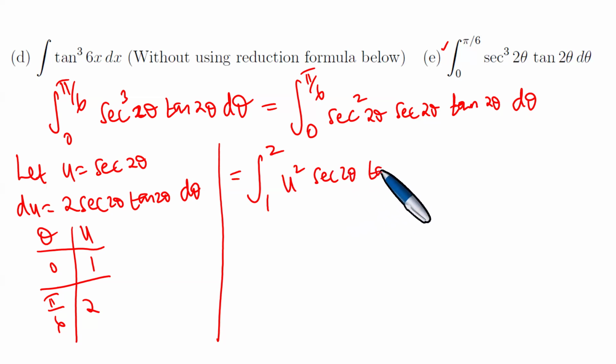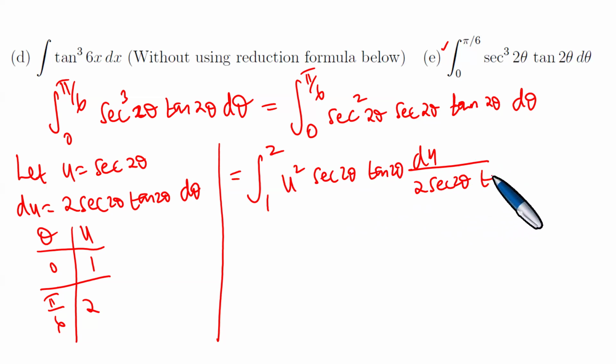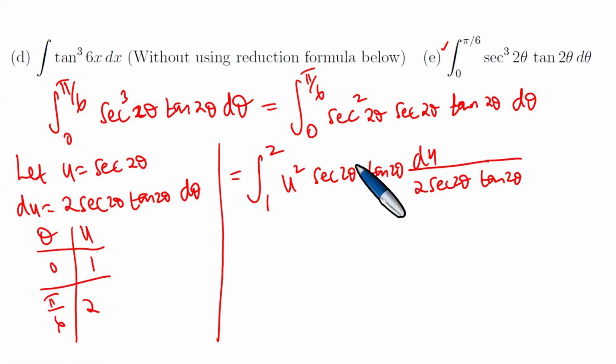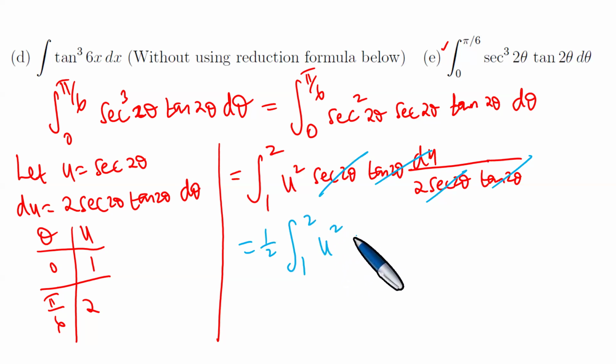This is the tangent of 2 theta, and d theta is du divided by 2 secant of 2 theta tangent of 2 theta. So this is exactly u squared du.